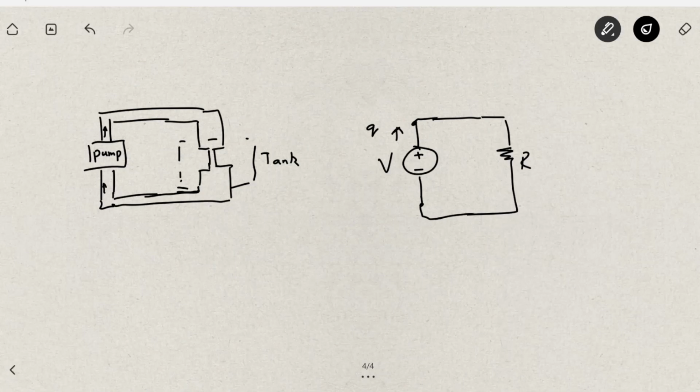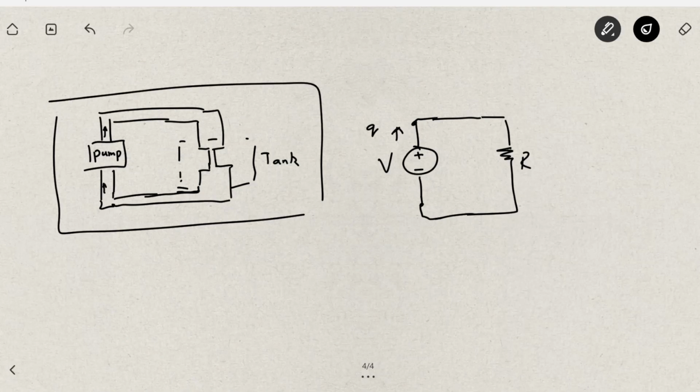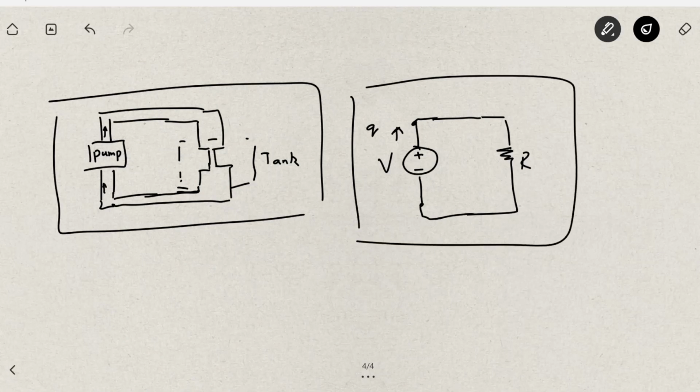Now we are actually pumping the water back into the same tank. This is not something that you do practically, but we are just trying to draw a mechanical analogous circuit to an equivalent resistive circuit driven by a simple battery source.